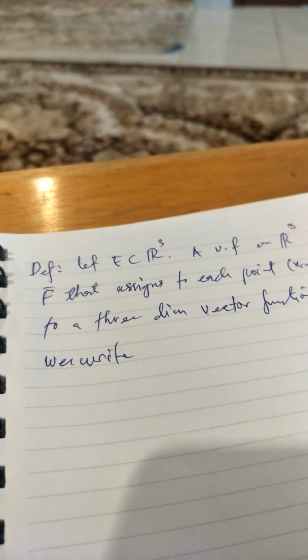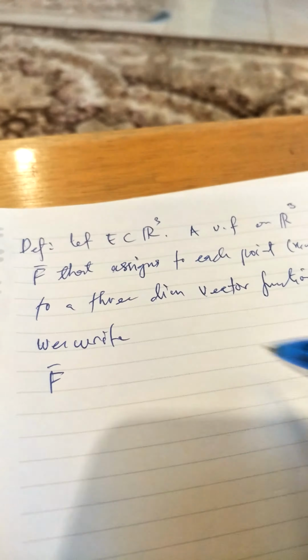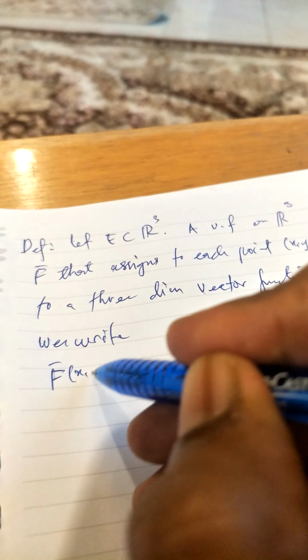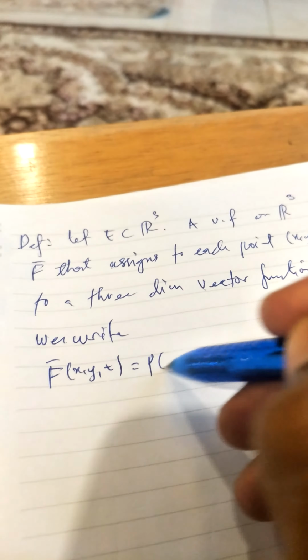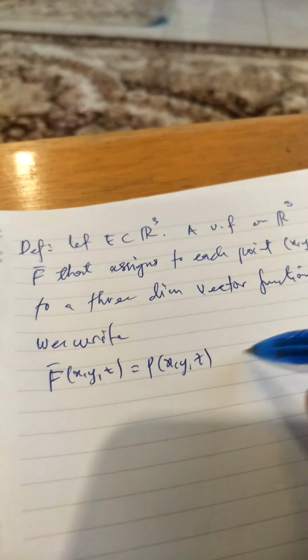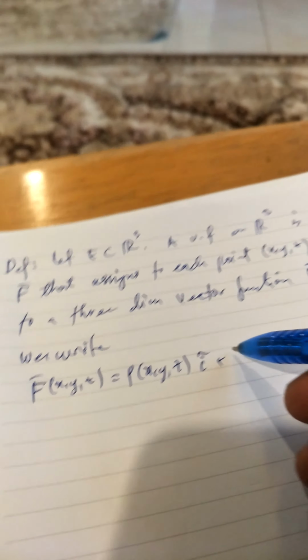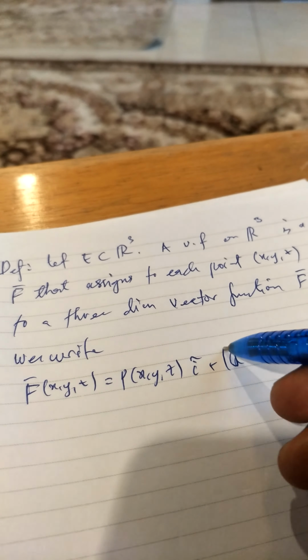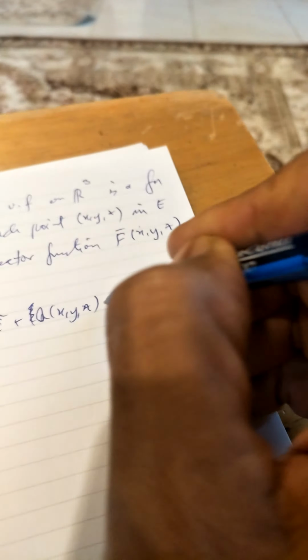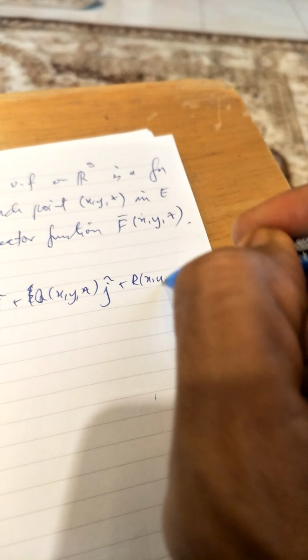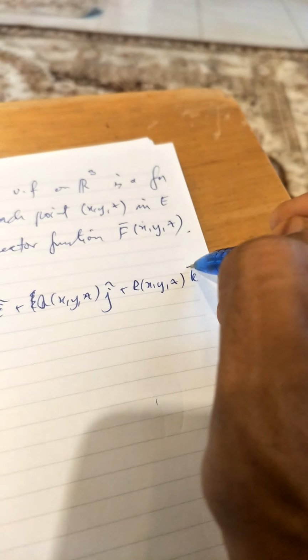As in the two-dimensional case, we write this function F(x, y, z) equal to P(x, y, z) i plus Q(x, y, z) j plus R(x, y, z) k.